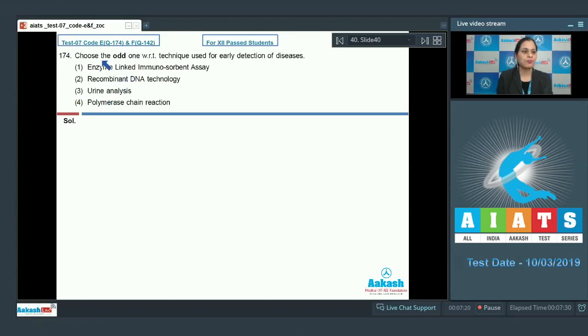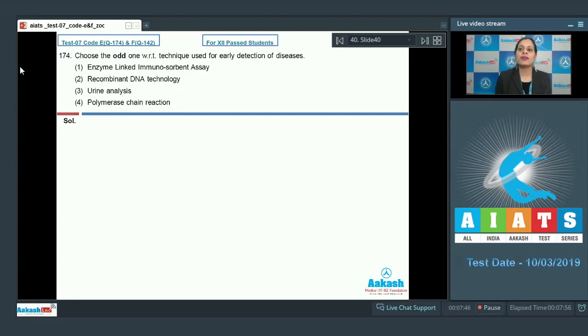Question number 174. Choose the odd one with respect to technique used for early detection of diseases. And the options are enzyme-linked immunosorbent assay or ELISA. Second option is recombinant DNA technology. Third option is urine analysis. And the fourth option is polymerase chain reaction.